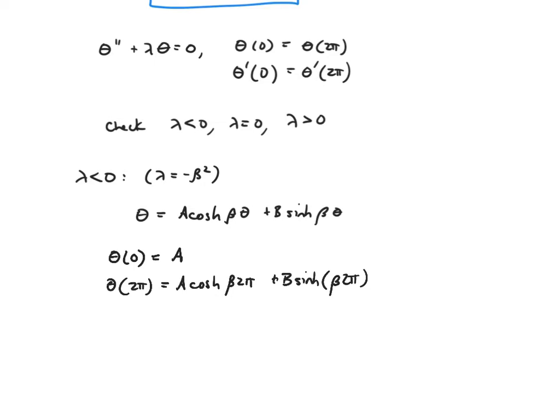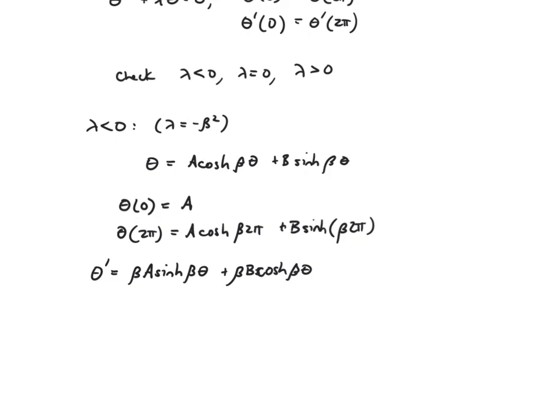You take the derivative, you plug in the same conditions. So I need theta prime is equal to beta A sinh beta theta plus beta B cosh beta theta. You plug in 0. Theta prime is 0.